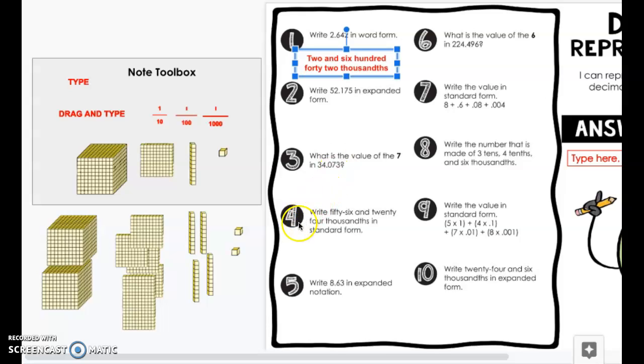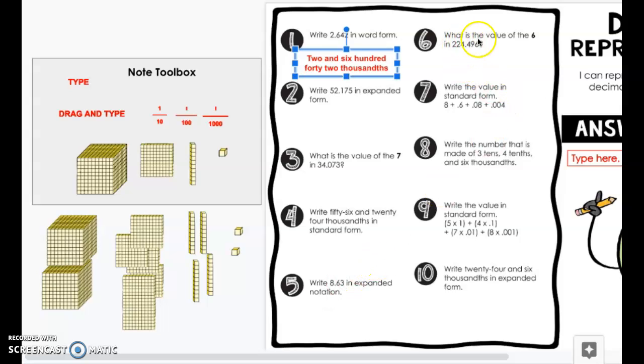Number 4 says, write 56 and 24 thousandths in standard form. Number 5 says, write 8 and 63 hundredths in expanded notation.